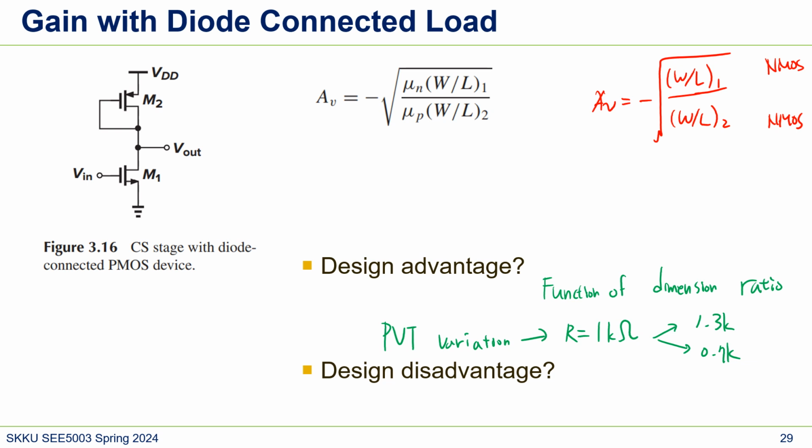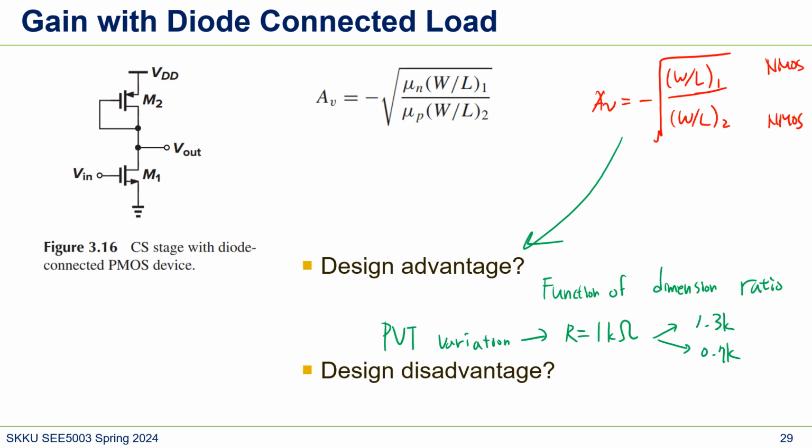But this one is not a function of variation. So what I'm saying is the ratio of dimensions is very immune to PVT variation. So these are just constants.